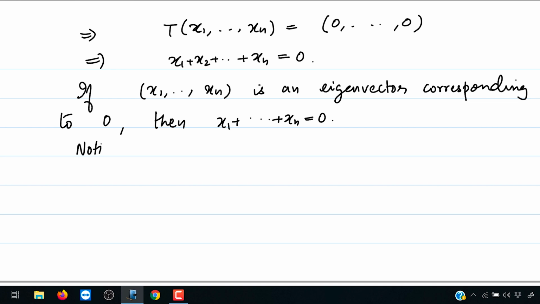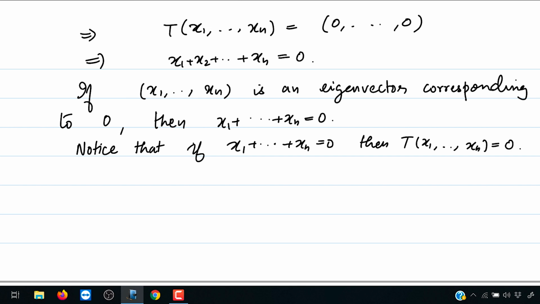Check that if x1 plus x2 plus up to xn is 0, then T of (x1, x2, up to xn) is equal to 0, which is 0 times (x1, x2, up to xn).